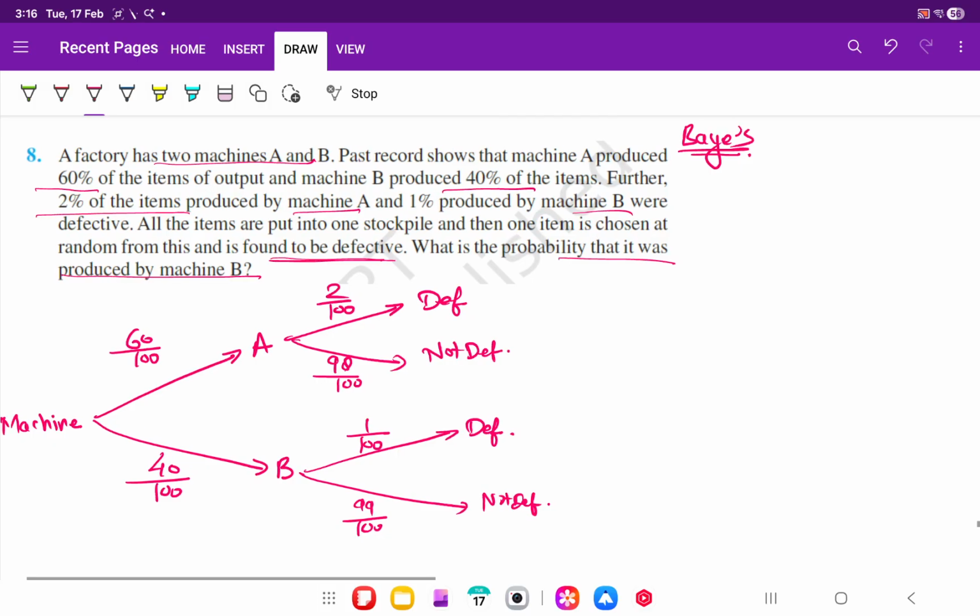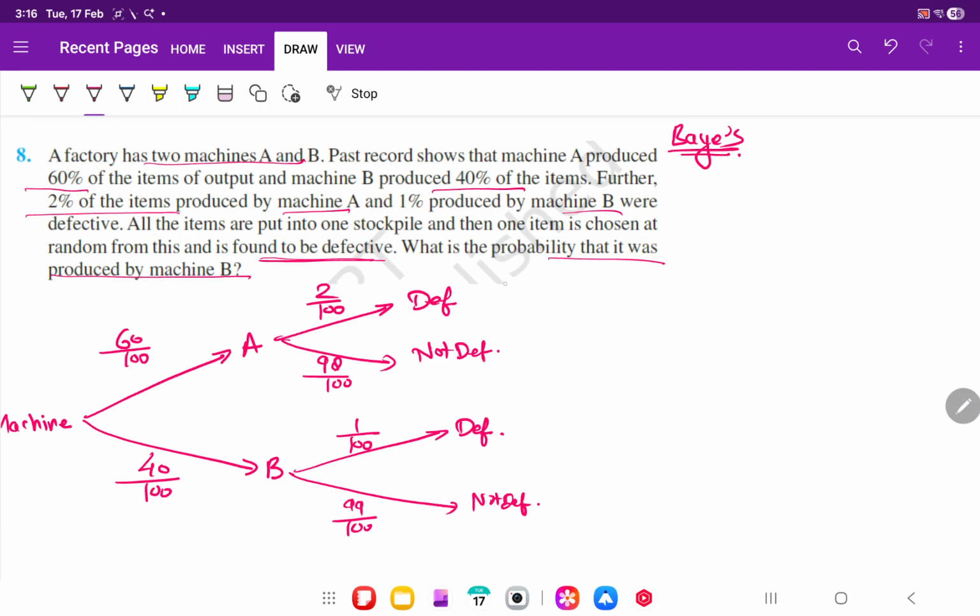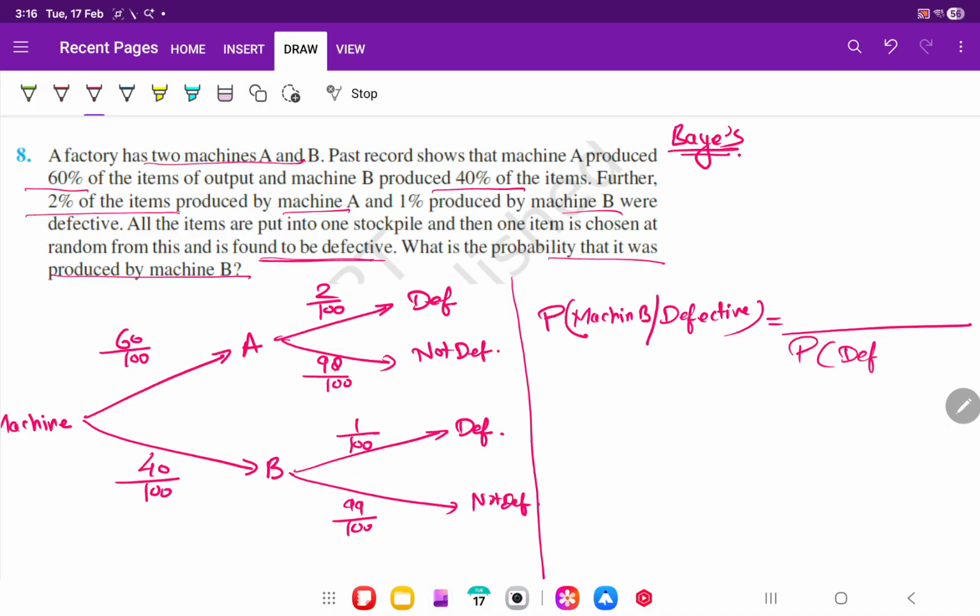We have to find the probability that it was made by machine B, and what is the condition? That the piece is defective, correct? So we will take the total probability that the piece is defective. That is the condition, that it has to be defective. And for that, which one is favorable?